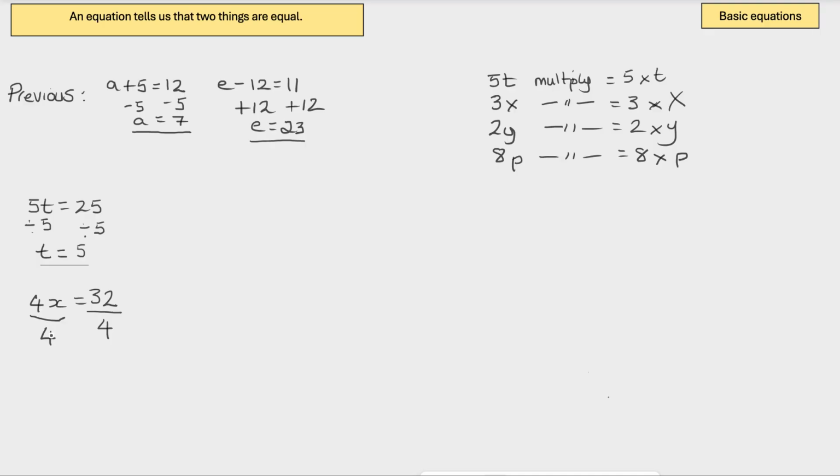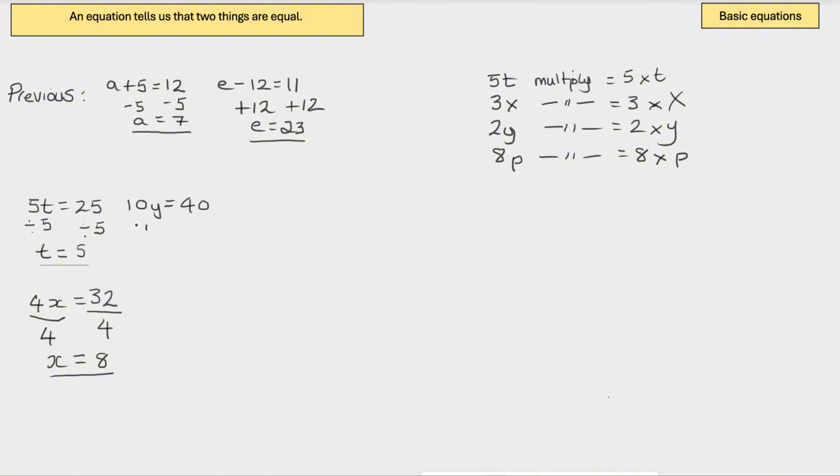So I know that 4 divided by 4 is 1, cancelled out, so it's just x. And 32 divided by 4 is 8. So our unknown x is 8. Another one, let's do 10y equals 40. 10y stuck together means multiply.